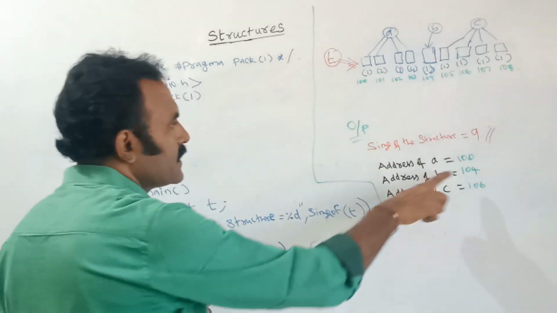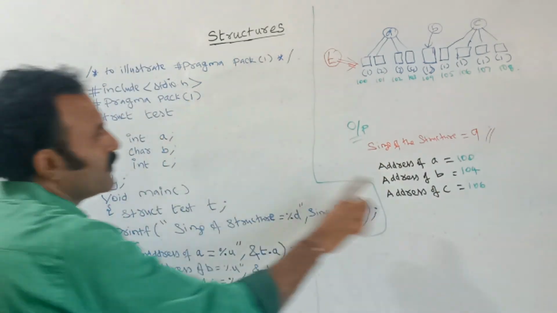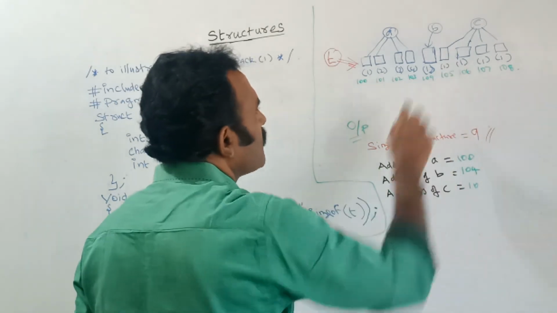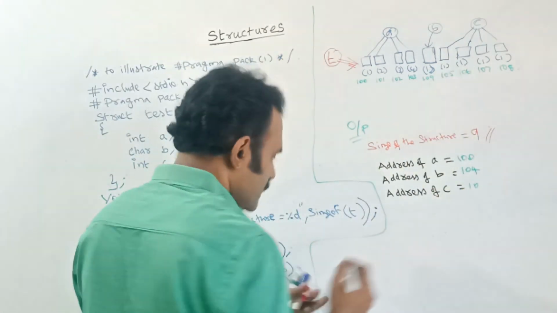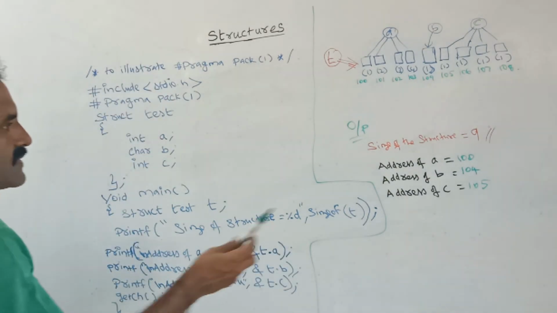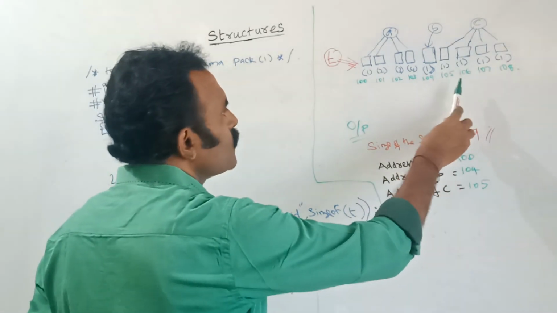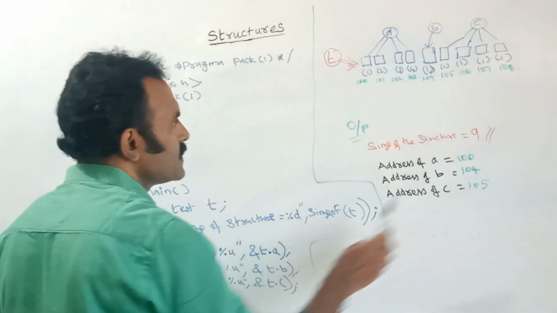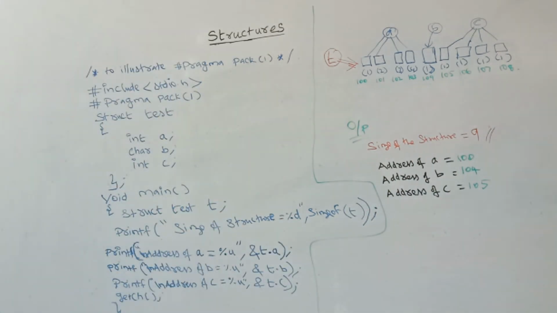See, as it is pack of 2, it leaves one free, but here as it is pack of 1, the next address will be 105. The address of C starts from next to B, here 105. So this will be changed. This is the difference between pack of 1 and pack of 2.